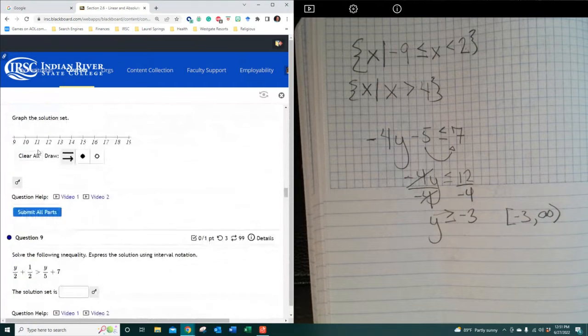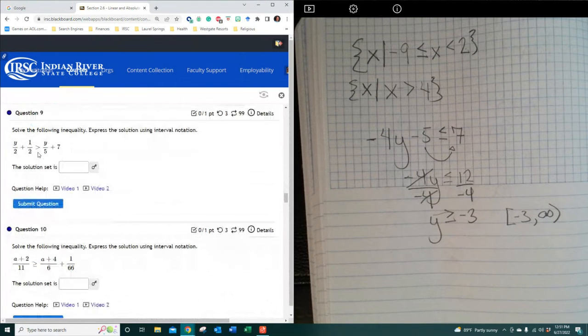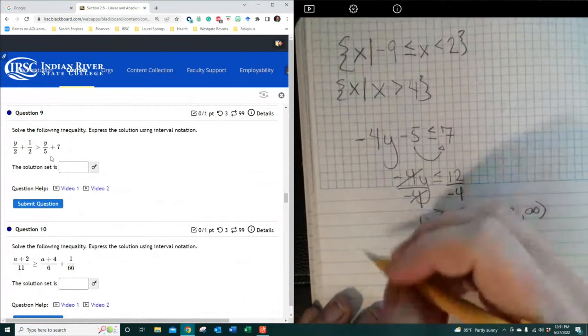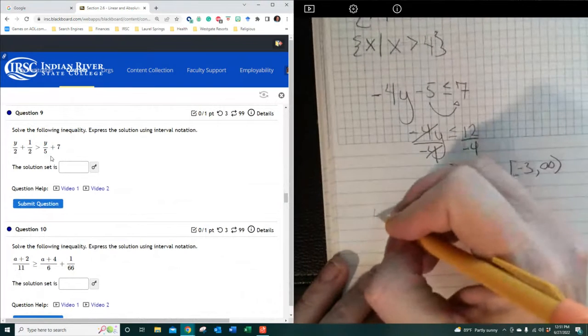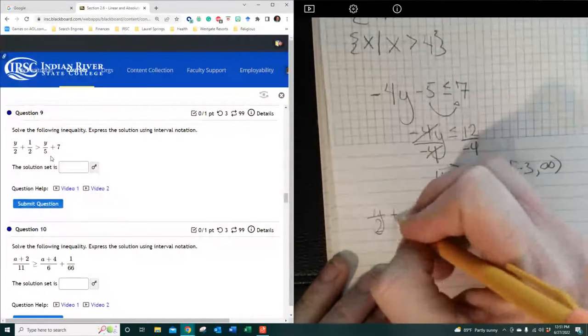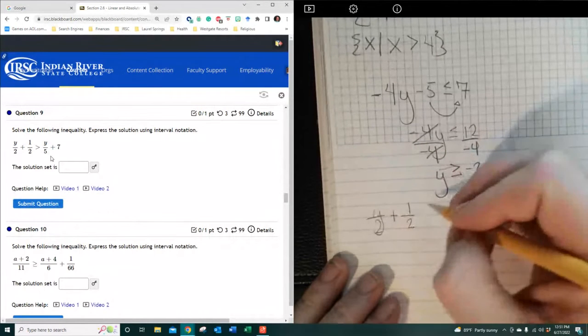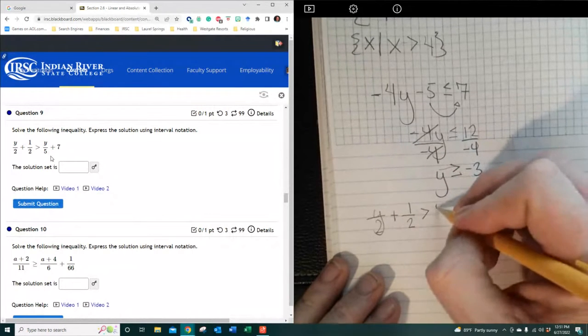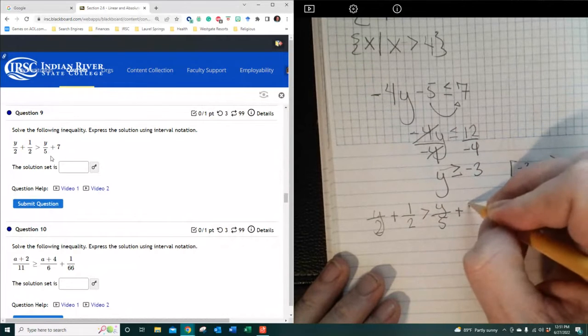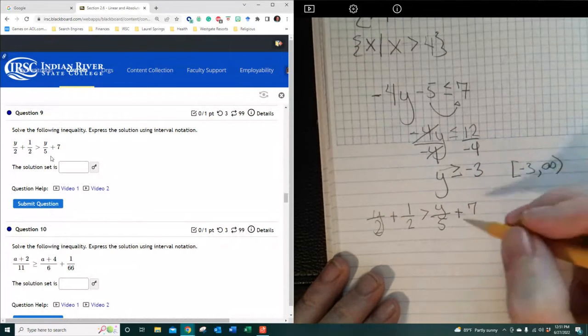I want to bounce to something else right now, like, for example, this one. You guys love fractions. All right, now with fractions, as before, you would kill fractions as fast as possible. You want to go for the denominator or the LCD that's going to best eliminate the fractions.